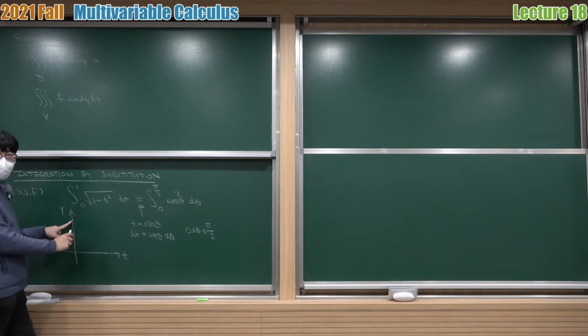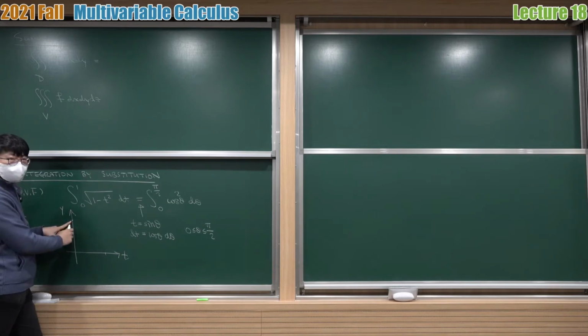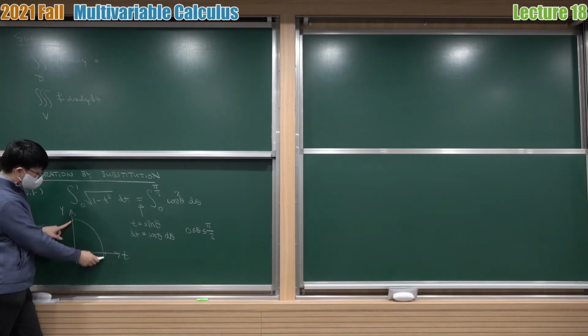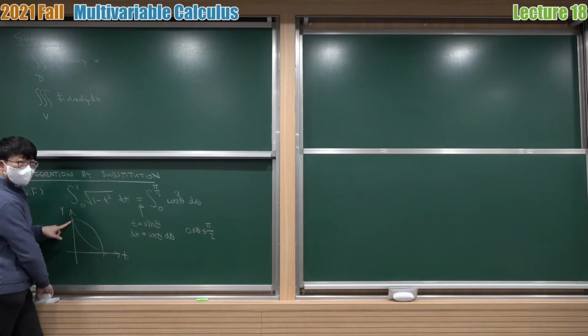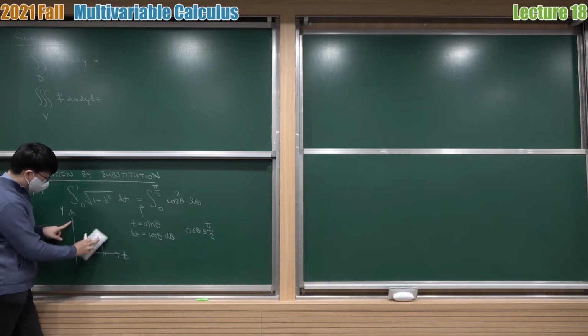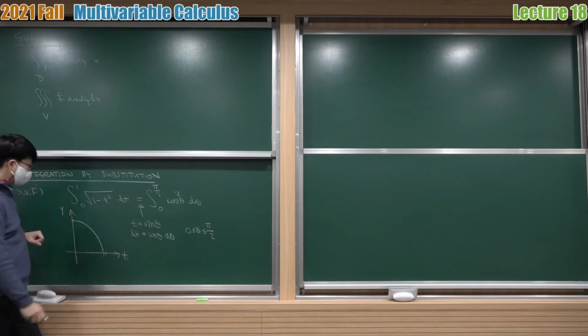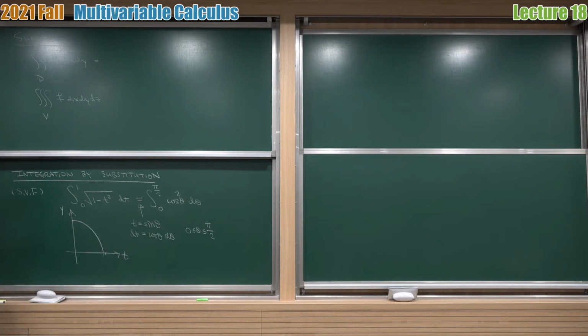How does it look? Does it look like this, or does it look like that? Yeah, so it looks like this, right? So this is the graph of the function.